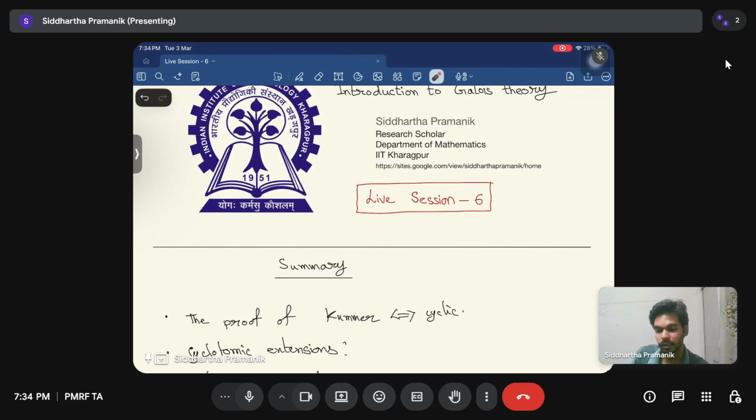Also, there is one important theorem which is known as the Kronecker-Weber theorem, which says that a finite abelian group can be seen as a Galois group of a Galois extension over Q. Basically, it is a subfield of a cyclotomic field.